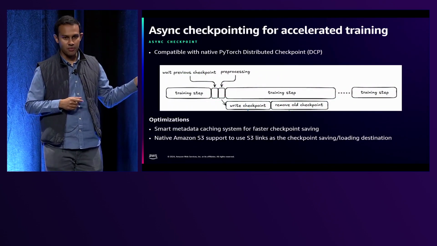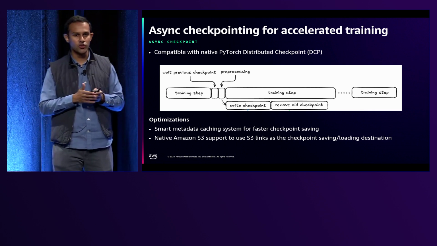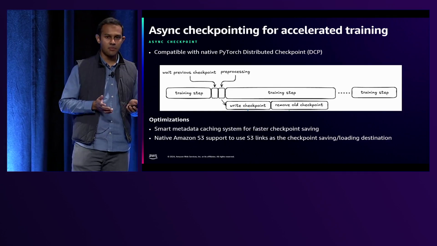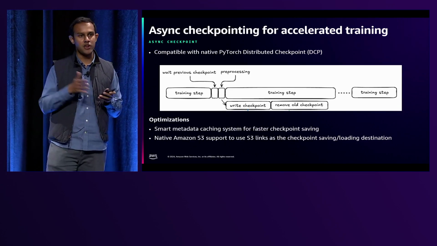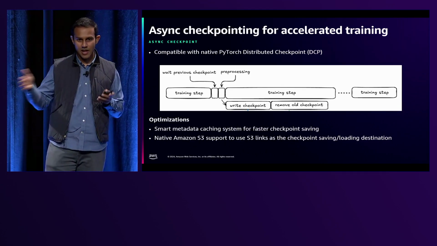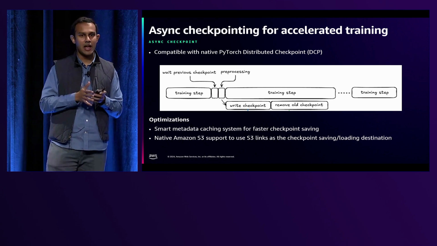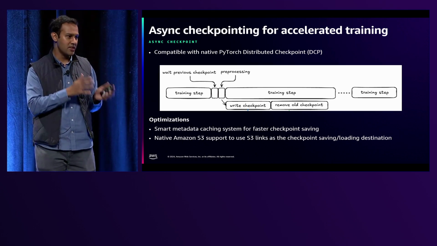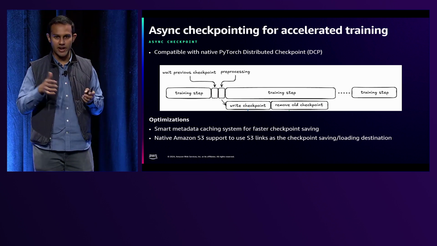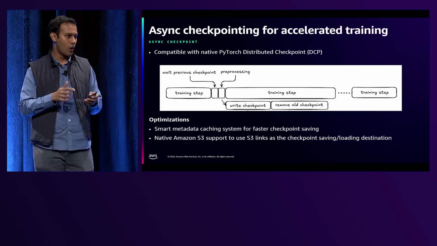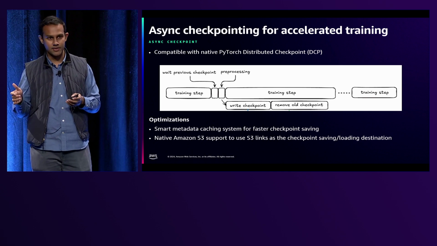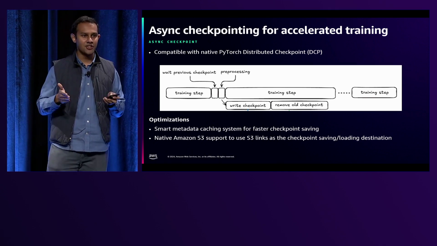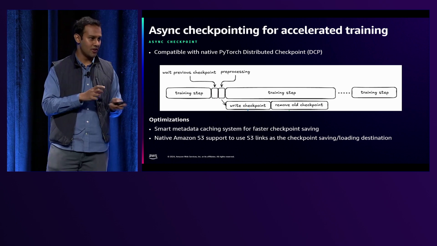Before I dive into checkpointing, let me just walk you through why we need checkpointing when training workloads. The idea with checkpointing is you want to periodically save your model state. The model that you have is so large that it typically doesn't fit on one GPU, which means you need to split it across multiple GPUs or accelerator devices, and also split the optimizer state across different accelerator devices. Now, as your training progresses, you might have challenges such as a GPU burns out or there's a hardware failure.